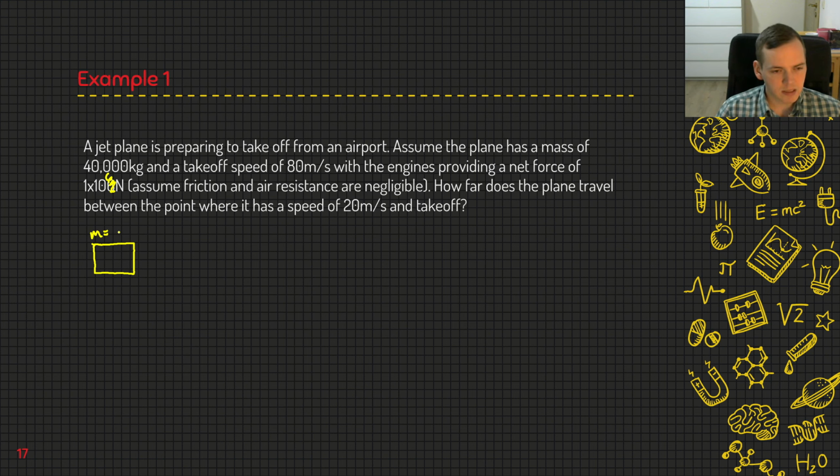So the mass is equal to 40,000 kilograms. The initial speed is 20 meters per second. They say it goes until takeoff, which we know the takeoff speed is 80 meters per second. So that's going to be our final speed.